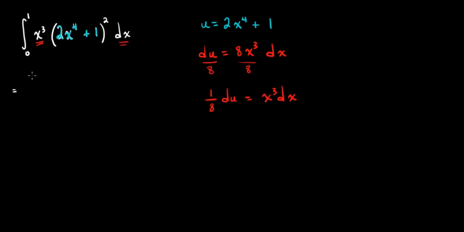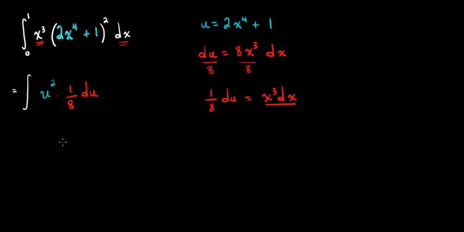Now, just for now, I'm going to leave the limits out of this. I'm not going to write 0 to 1. I'm going to focus first on cleaning up the inside part, and then I'll worry about my limits later. Well, let's start by making the u substitution. We said that u is equal to this 2x to the fourth plus 1, so I'll have u squared now. And instead of x cubed dx, remember x cubed dx can be written as 1/8 du.